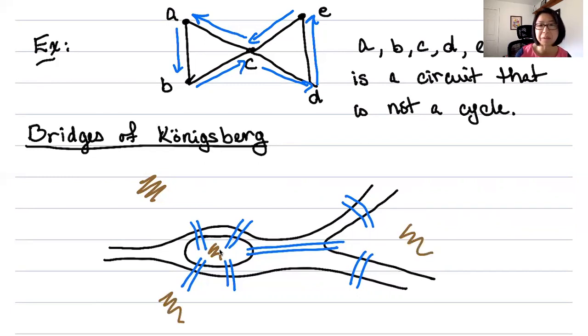And so Euler was walking around town. Notice walk. And he was wondering, if I started on one piece of land, could I cross over every single bridge exactly once, so I'm never going to walk over a bridge twice, and end up in the same place as I started?